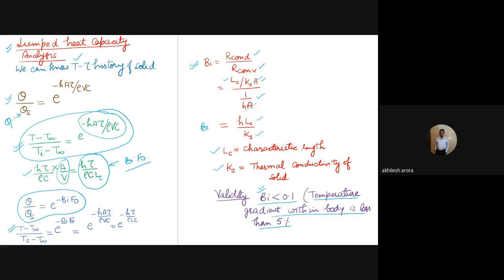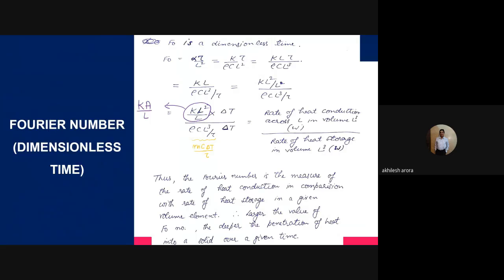So I am just trying to talk about this particular expression, where this term is equal to minus Biot number into Fourier number. Okay, so now you see it here. This Fourier number is equal to alpha tau divided by L square, or rather I can say LC only, the characteristic length basically.